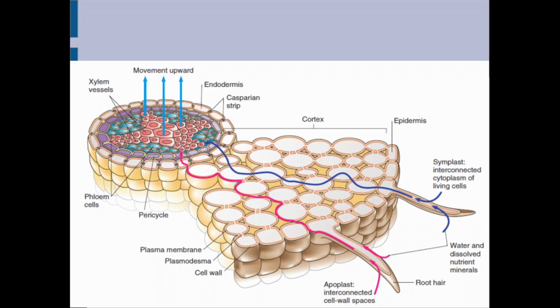The endodermis will control the movement of the water because it prevents the water from moving freely because of the Casparian stripes.